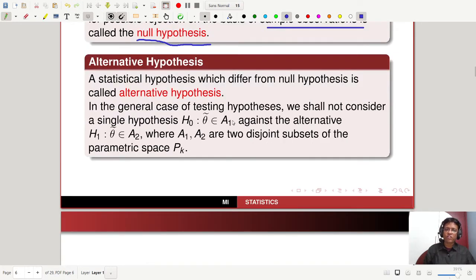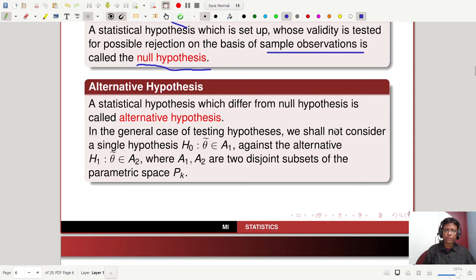In the general case of test of hypothesis, we shall consider a single hypothesis H0 such that theta tilde belongs to A1. That is, H0 is a null hypothesis given by theta tilde belongs to A1 against the alternative H1, which is given by theta tilde belongs to A2.